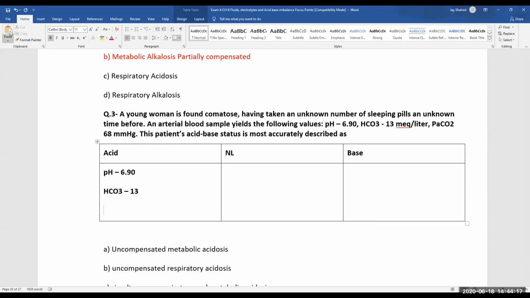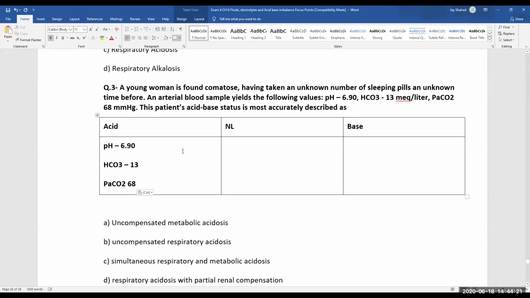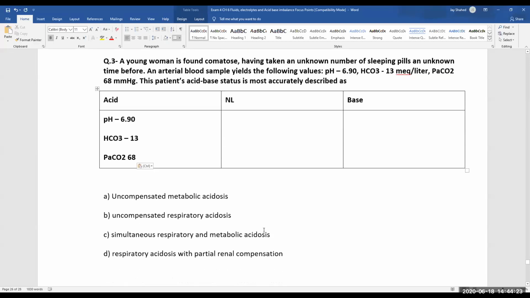So it'd be simultaneous respiratory and metabolic acidosis? Dr. J, does that question work? Because aren't PaCO2 and bicarbonate supposed to go up or down together? That's why it's trying to compensate, but it's not doing it. So it is acidosis in both cases, but it's uncompensated.